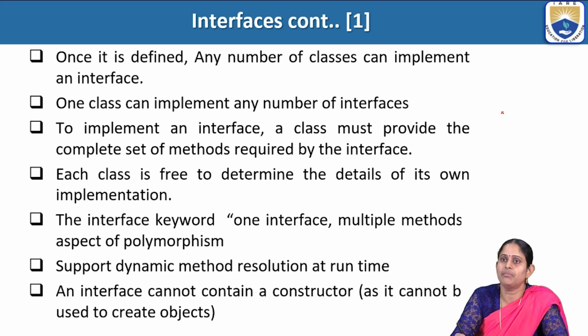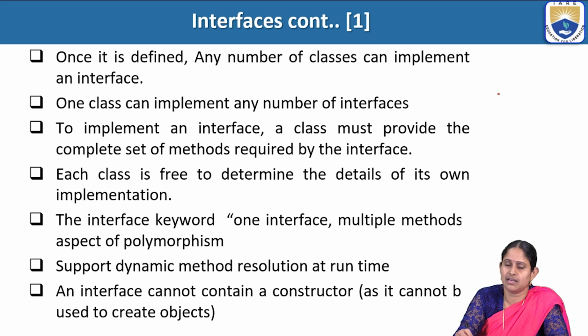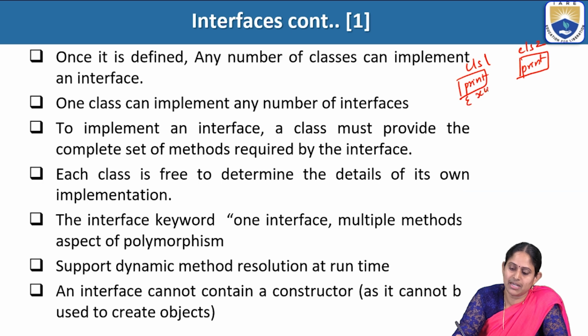The problem in using classes for multiple inheritance is the ambiguity created by the diamond problem. Let's have two classes, class 1 and class 2, which have the same method with the same name, say print. Both classes have the print method, one with one implementation and the other with another implementation.